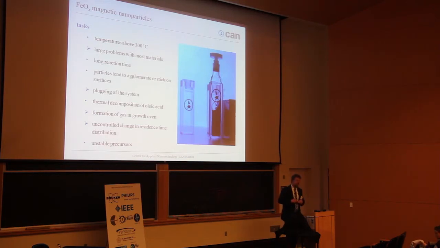For example, if you use iron oleate as a precursor, this is not really stable. Maybe it looks stable, but it changes its properties over time. If you do a synthesis straight after you prepared it, it will give another size than if you do it 2 weeks afterwards. So you definitely have to keep this in mind, and this makes it quite hard to make reproducible particles.